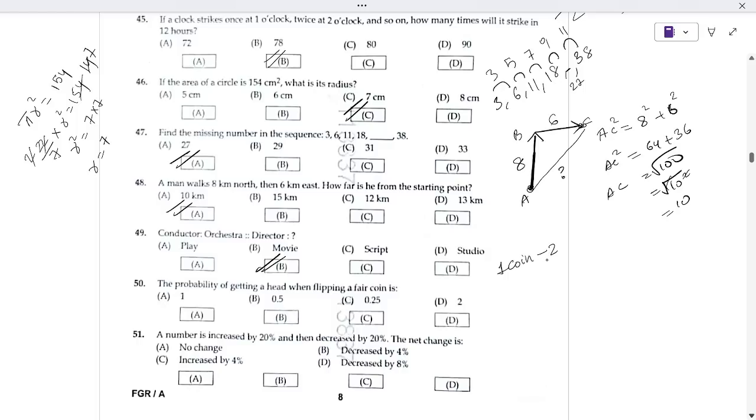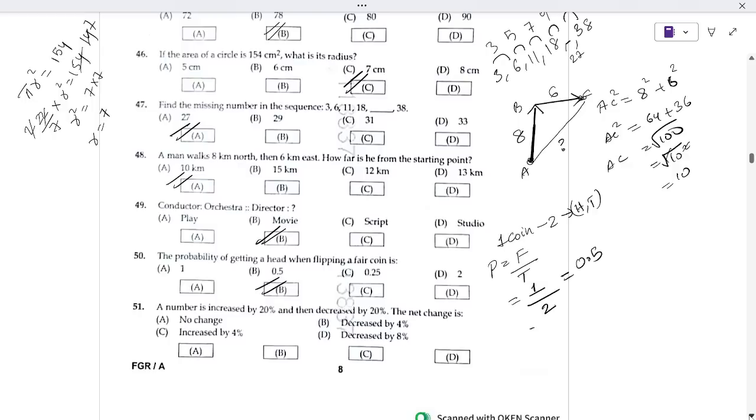That means total number of outcomes is two. The formula for probability is favorable outcomes by total number of outcomes. Here we have only one head, since a coin has one head and one tail. So total possibilities are two. That means half, in decimal it gives us 0.5. That means B is the answer.